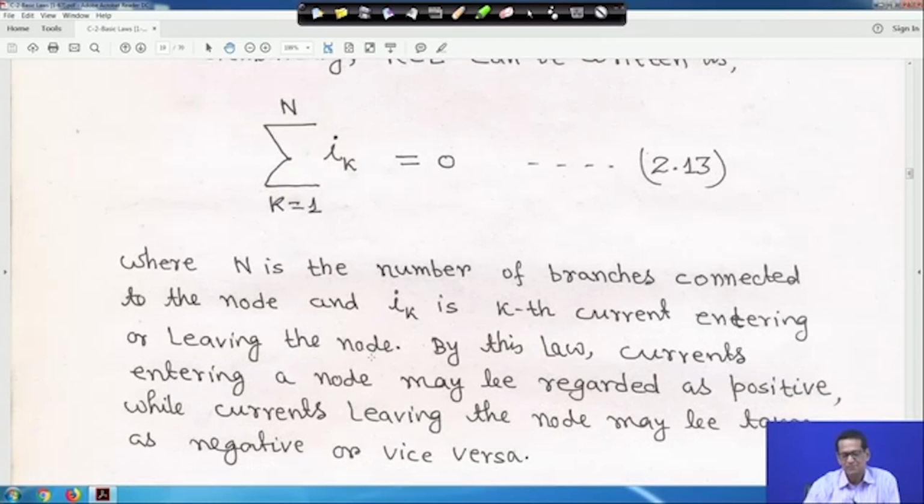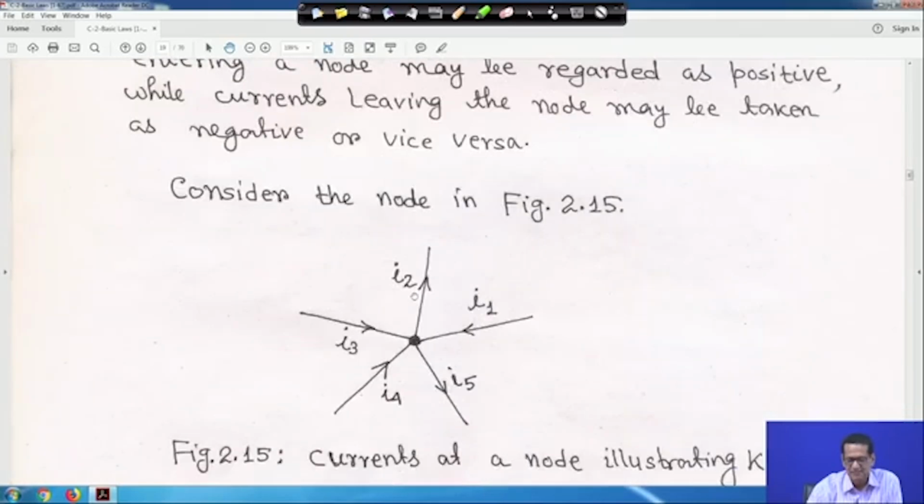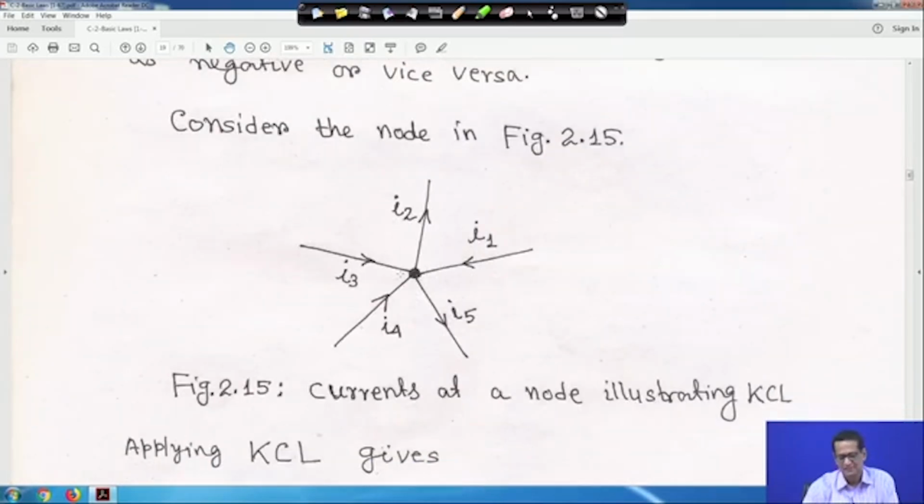Suppose at a particular node, 5 branches are connected. The current entering or leaving the node, the algebraic sum, is equal to 0. For example, take this diagram. In this case only one node is there. Looking at the currents, I1, I3 and I4 are incoming currents, and I2 and I5 are outgoing currents.